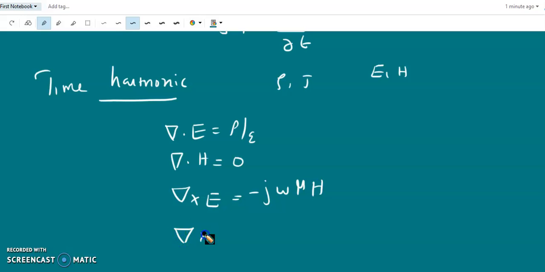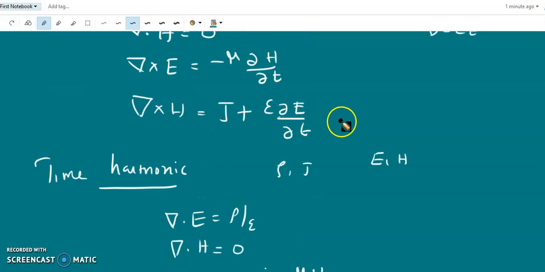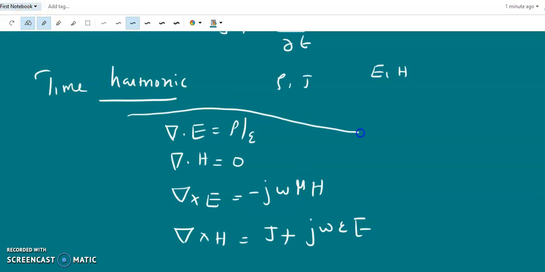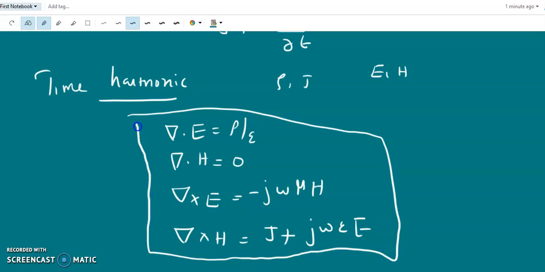And del cross H is equal to J plus jω epsilon E.